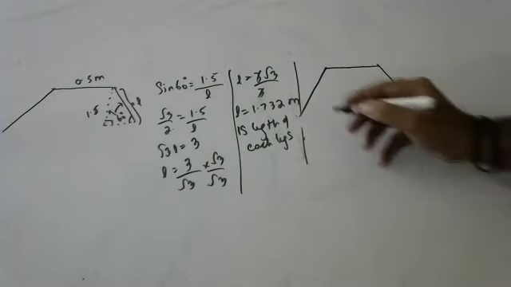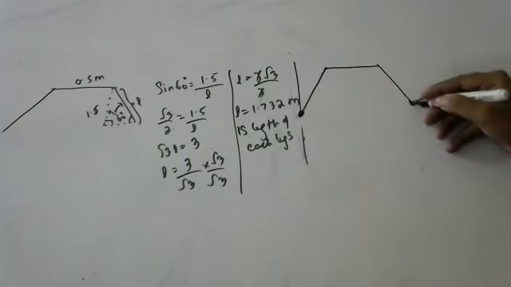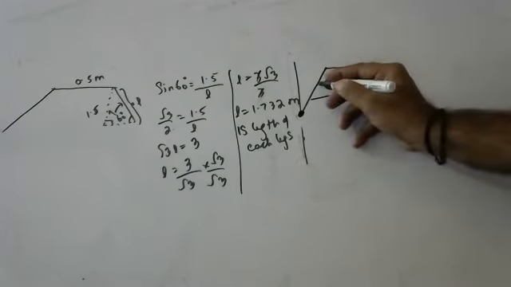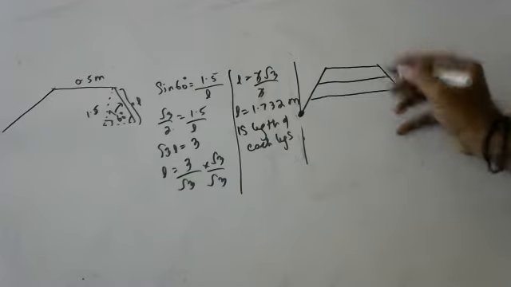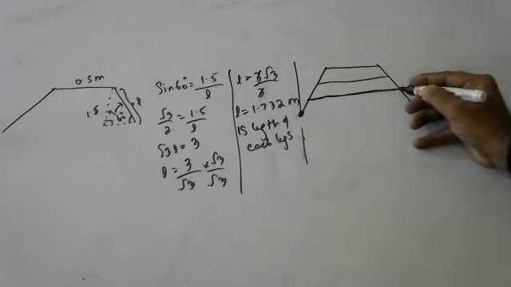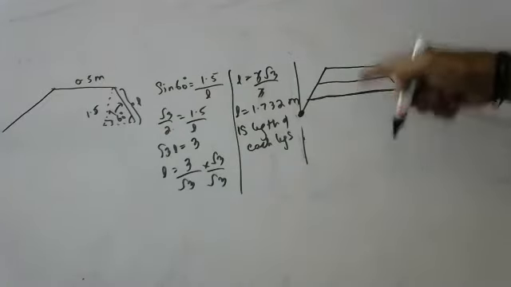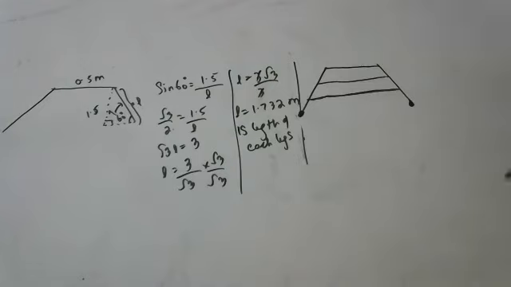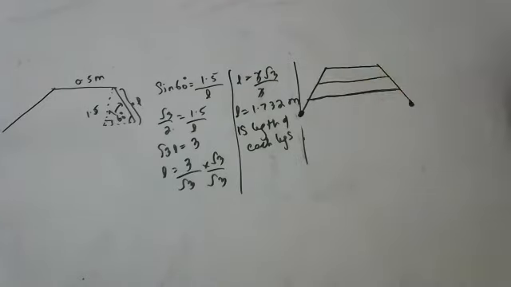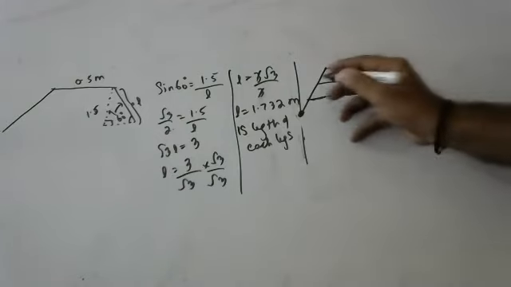Here they want to keep one step at equal distances, so that we can climb the bench, the stool. We'll put one step here, then we'll climb here. To climb this, they have put two equal steps. What is the length of this and what is the length of this?